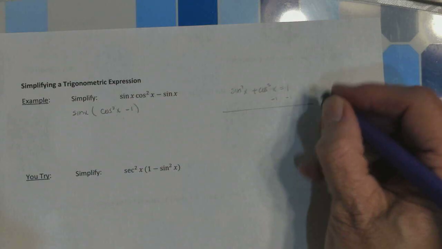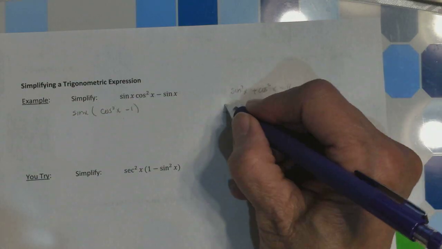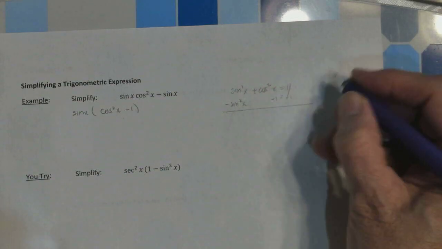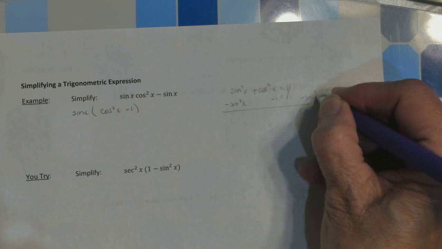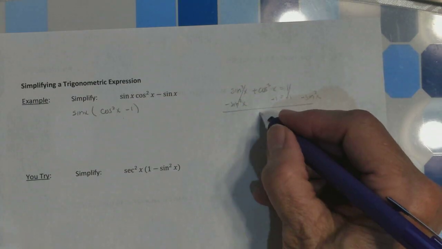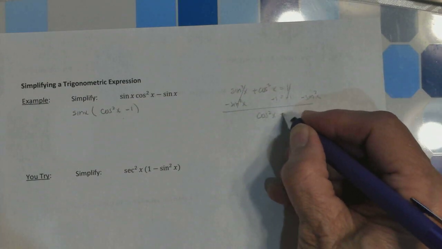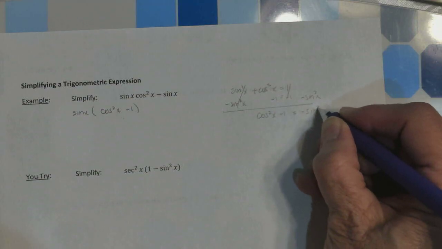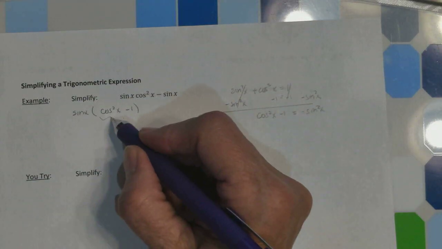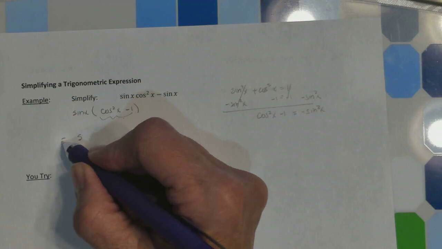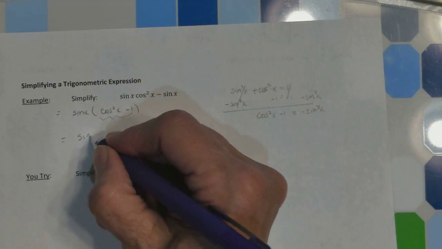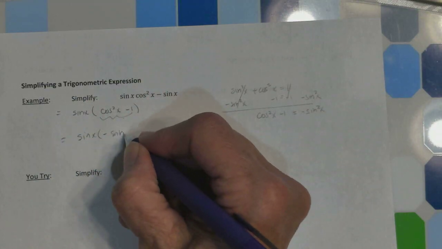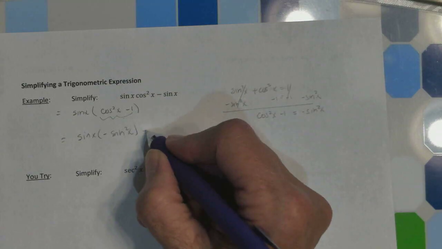Anyway, cosine squared x minus 1 comes from the Pythagorean identity, sine squared x plus cosine squared x is equal to 1. To get this to look like cosine squared x minus 1, we are going to have to subtract 1 from both sides, and then we will have to subtract sine squared x from both sides.